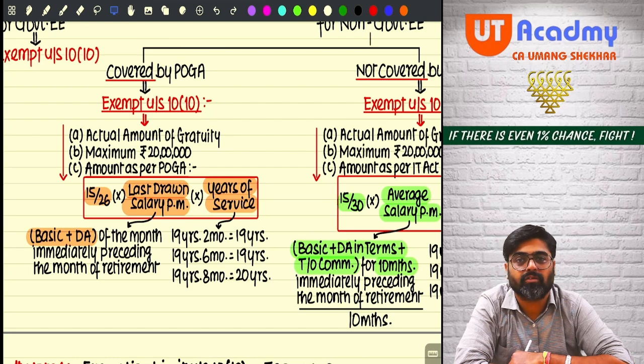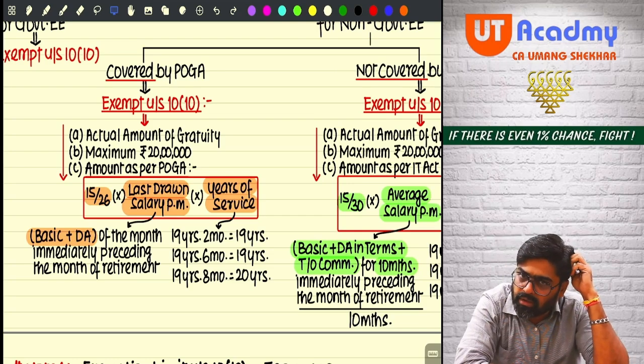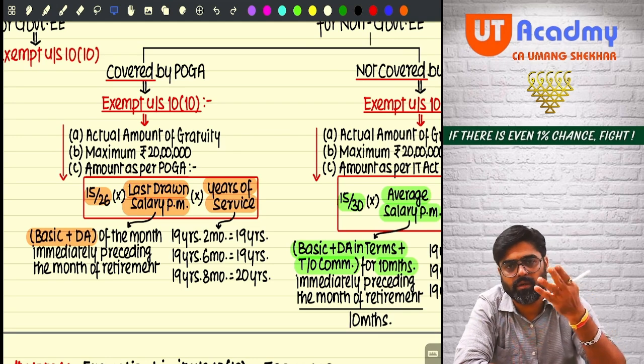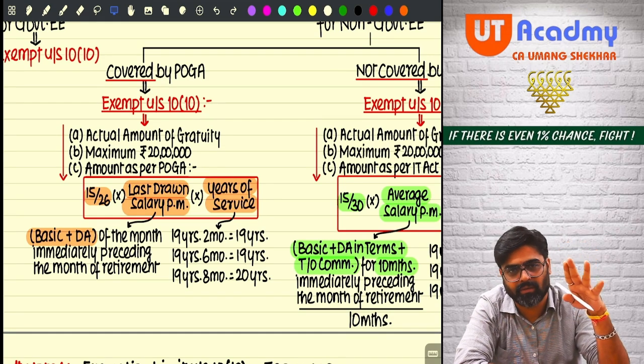I guess, Kaushik, there is some network issue at your end. Can you all see the screen properly, or is it blurred? It is blurred? I am also looking blurred, or I am looking okay?